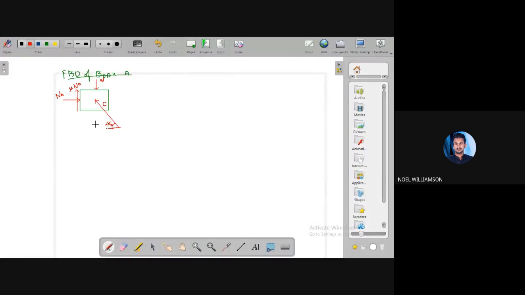So from here you can consider the equilibrium equations. What are the sigma Fx? Sigma Fx equal to 0 implies what you will get, that is NA minus C cos 45 equal to 0. Equation number 1.